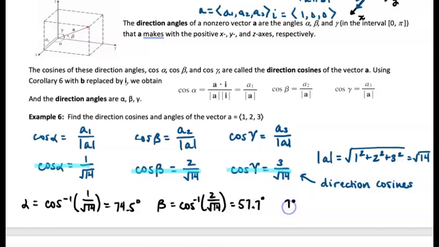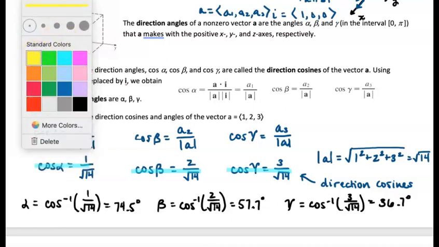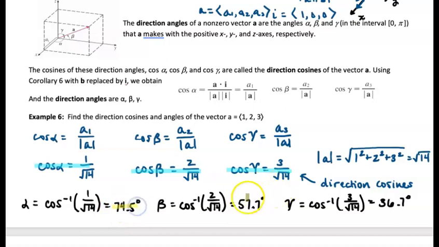And finally, gamma is the arc cosine of 3 over root 14, which is 36.7. All right, so these three, 74.5, 57.7, and 36.7, are the direction angles.